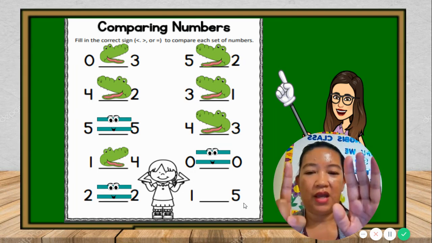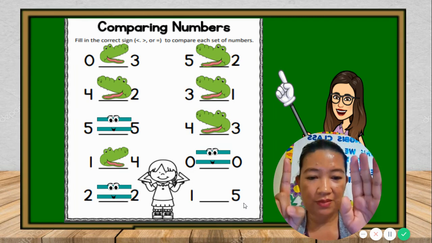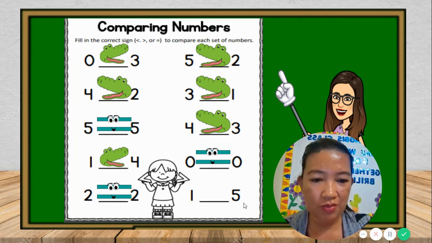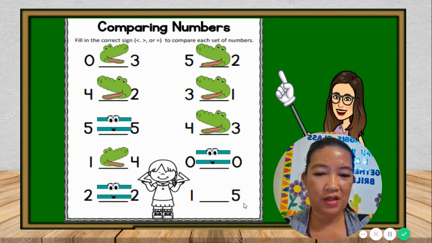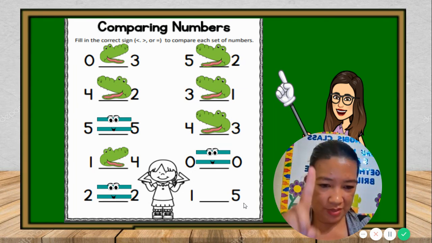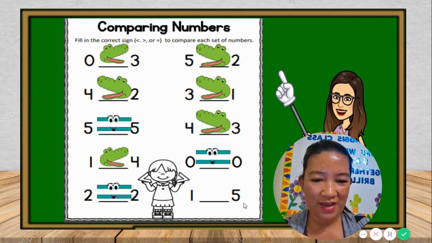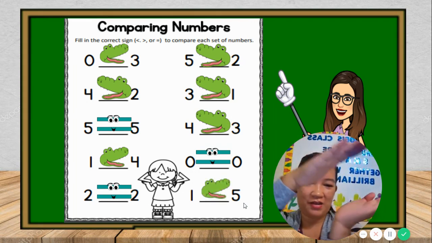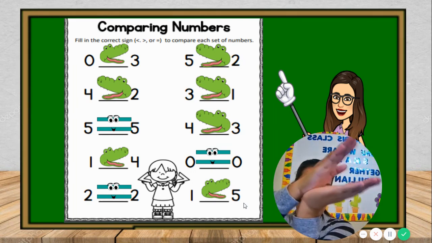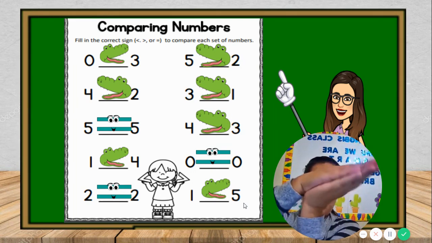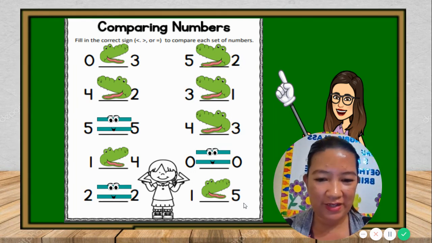Again, the alligator is always hungry and wants to fill his tummy with lots of food, right? Or a bigger number. So is it 1 or 5? Ready with your hands? Okay, the alligator will eat 5. Good job, because 5 is greater than 1.